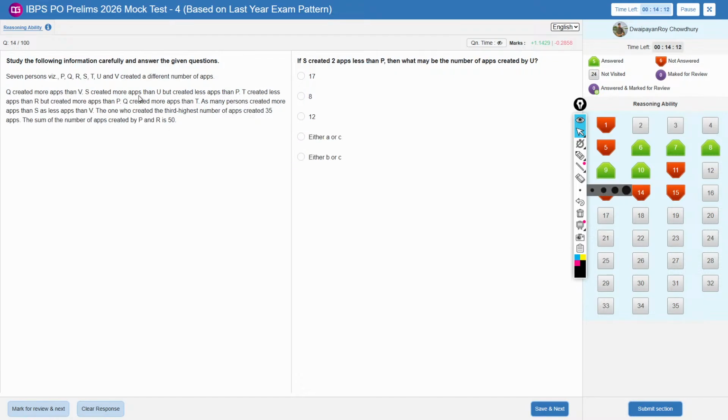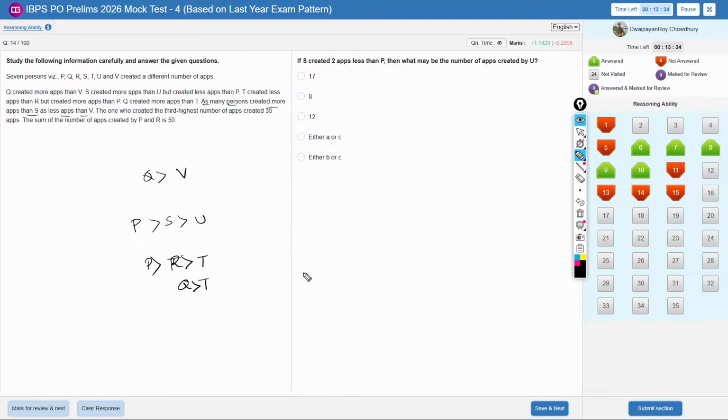Puzzle 10, different apps. Q created more apps than V. S created more apps than U but less than P. P created less apps than R. P created less apps than R but created more apps than P. Q created more apps than T. As many people created more apps than S as less than V. The one who created third is the number.